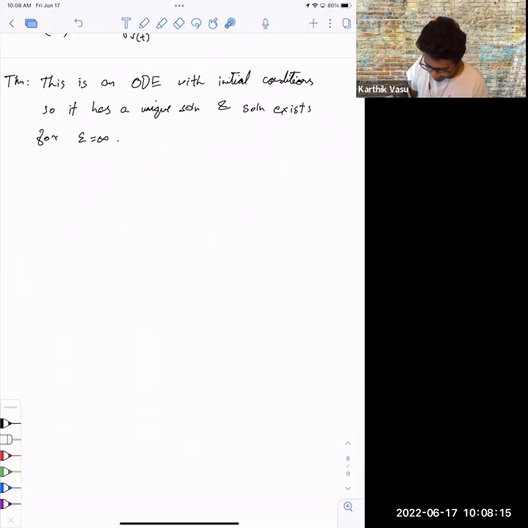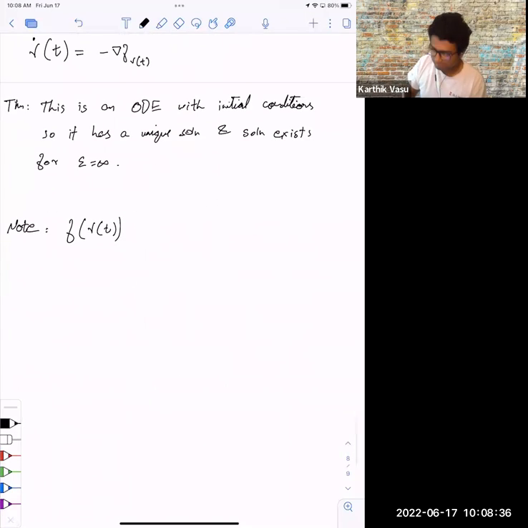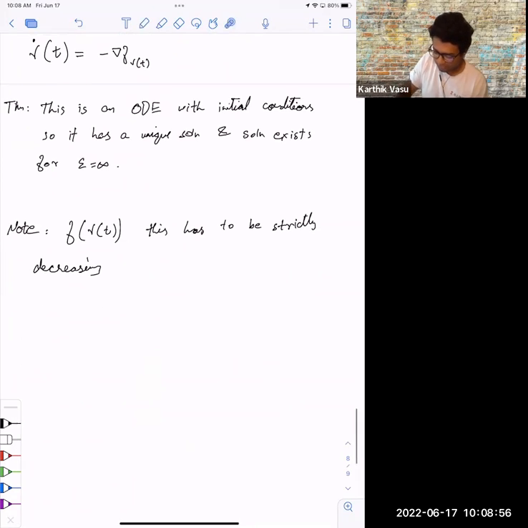Also, note, if you look at the values of your function over your gradient flow, so I have a flow and you look at the values of the function on it, it has to be strictly decreasing, except for when the velocity becomes 0, except for when this gradient vector is 0.